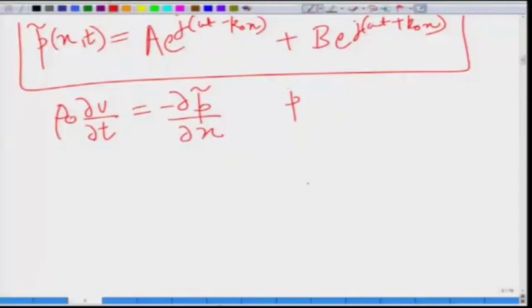Now, since p is harmonic, that is, p of x and t is p of x times e to the j omega t, in that case your u will also be something like that.